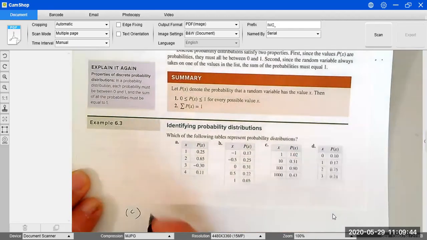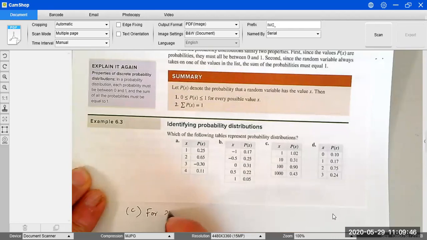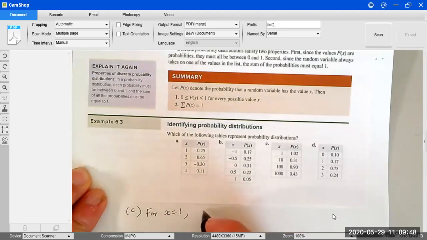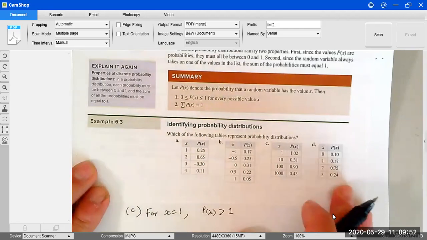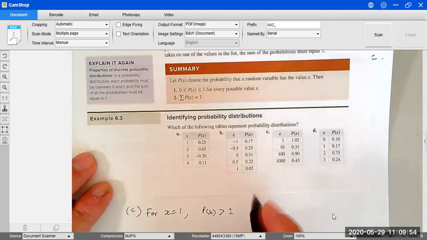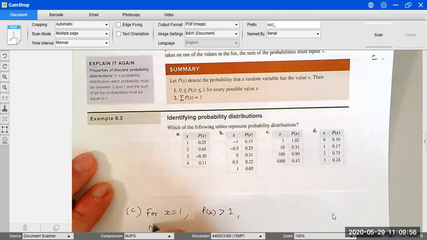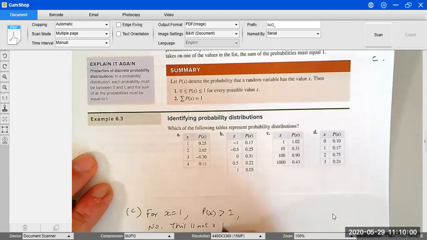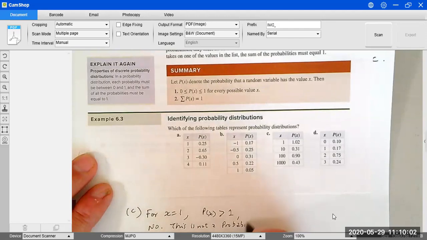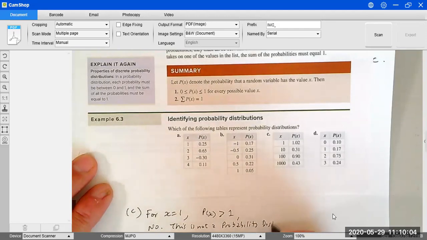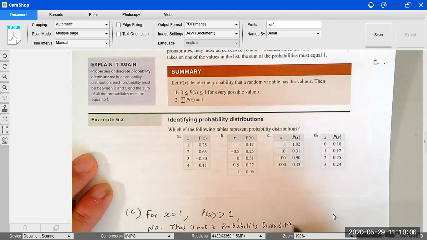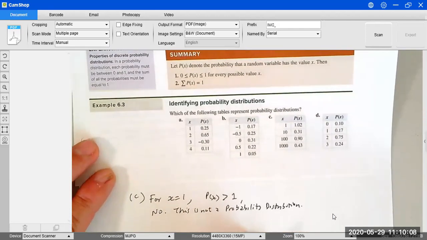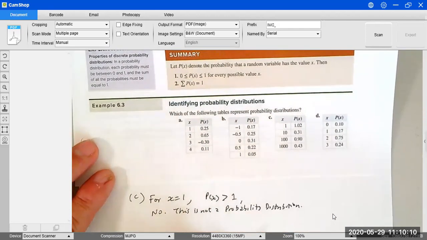So for x equals 1, we have that p of x is greater than 1. So because of that, no, this is not a probability distribution. So that's the solution for the third table.